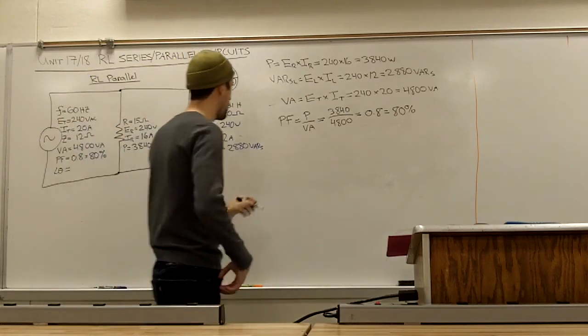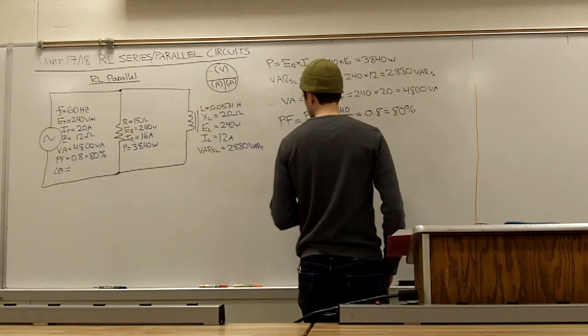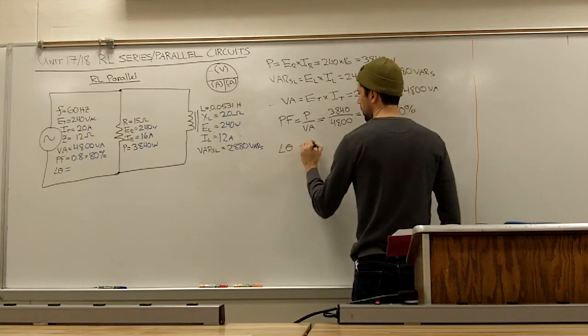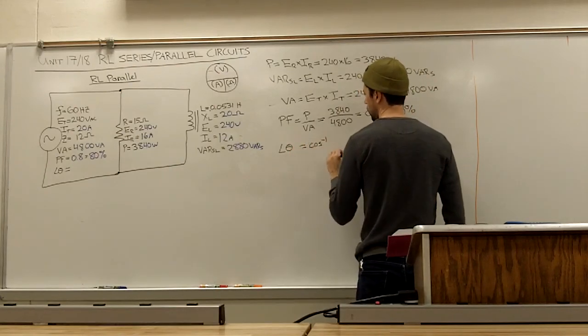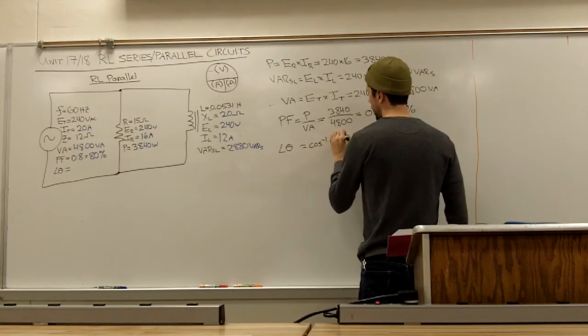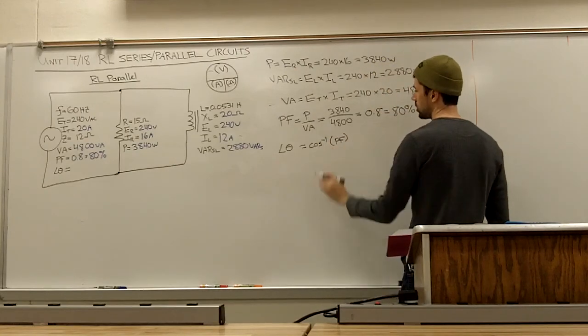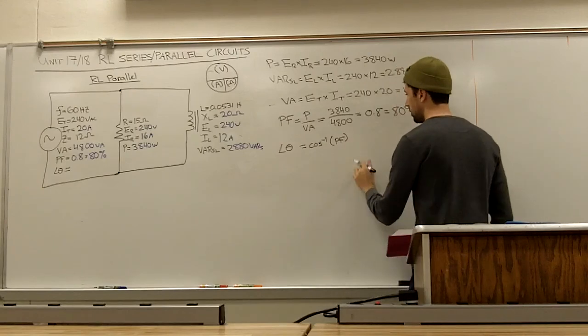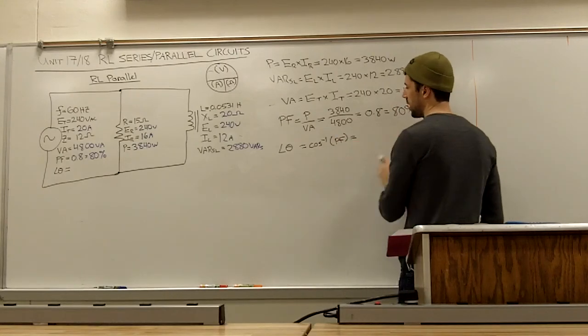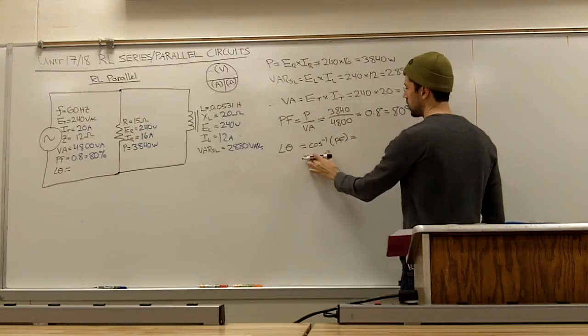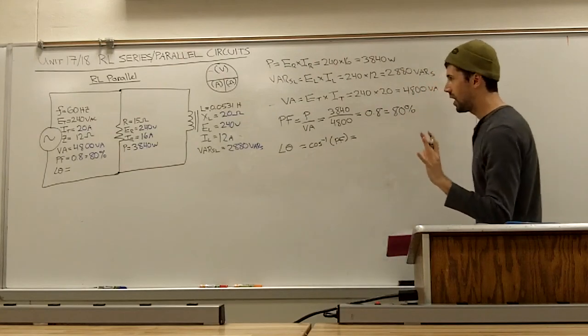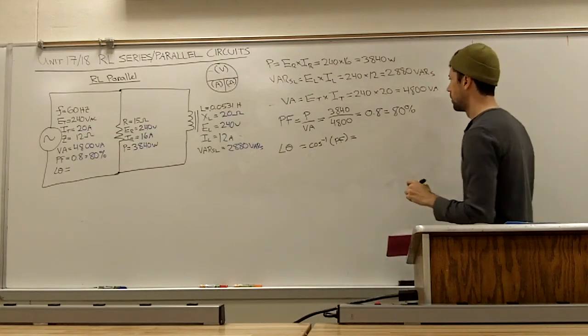And then finally, angle theta, the phase difference between our voltage and current. It is the inverse cosine of our power factor. Technically, I shouldn't be calling this inverse cosine, it's called the arc cosine. Inverse cosine is actually something different. It's just usually when you see the -1, that means inverse, but this is really called the arc cosine, so any mathematicians, I apologize.